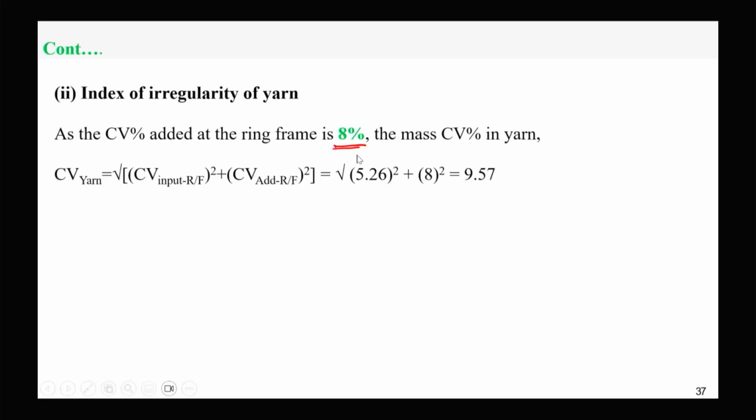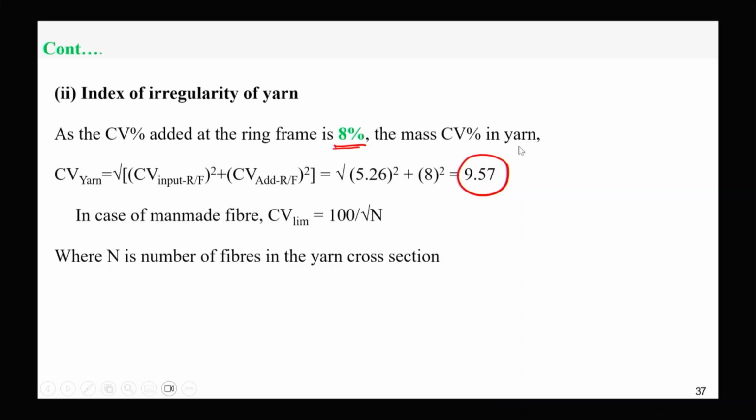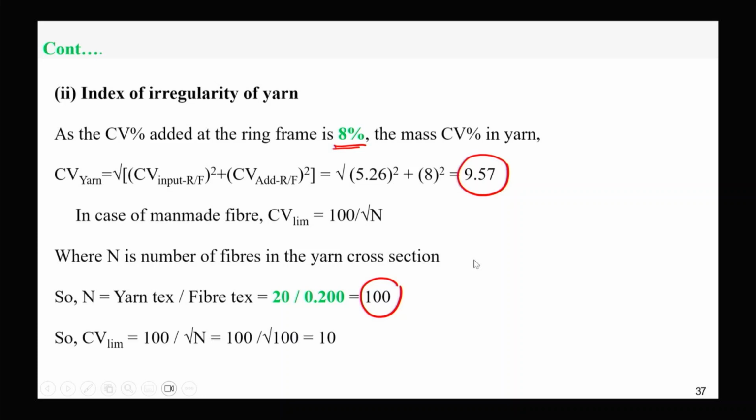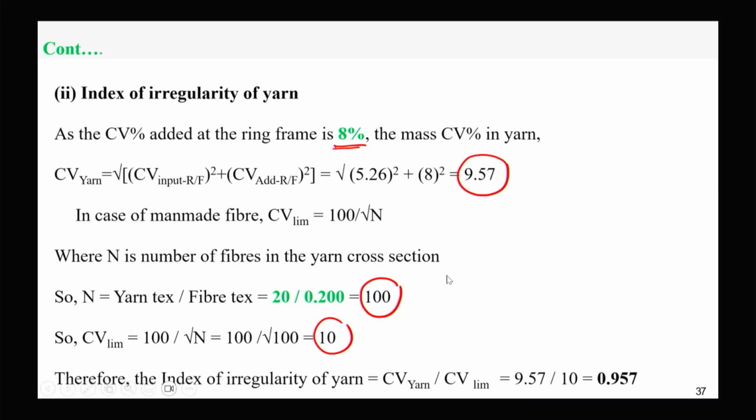So the CV of yarn is 9.57, and with the yarn cross section 100, the CV limit is 10.